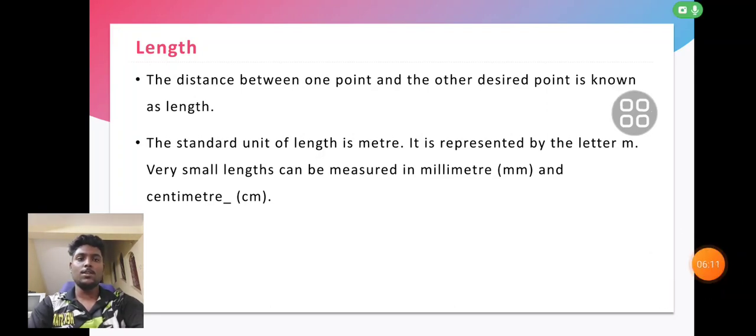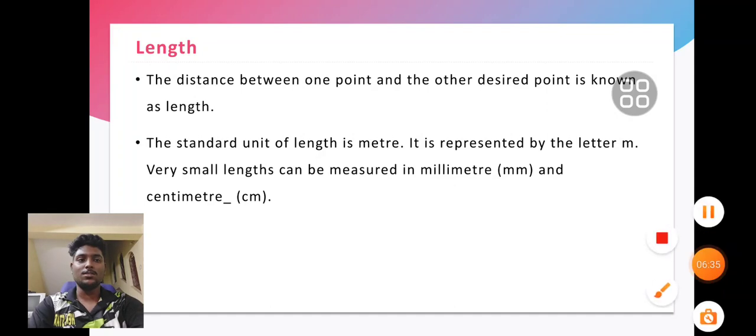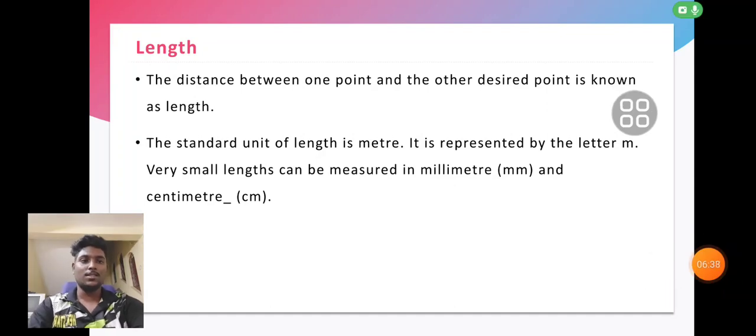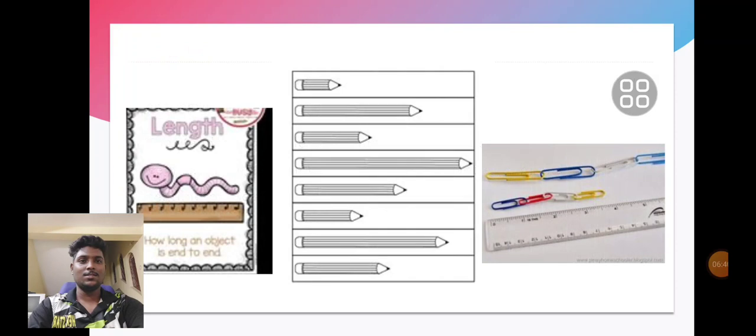Things bigger than a centimeter will be measured by meter, and then the longest lengths, like roads such as bypasses or highways, are measured in kilometer. Okay, fine. These are smaller examples for length.